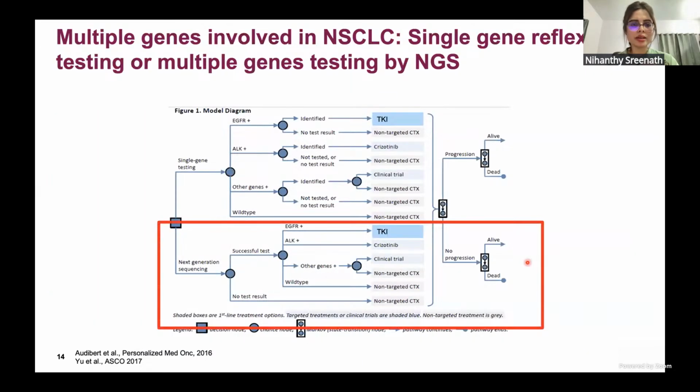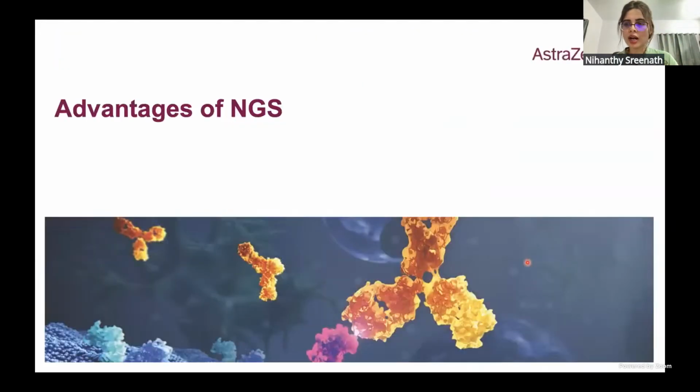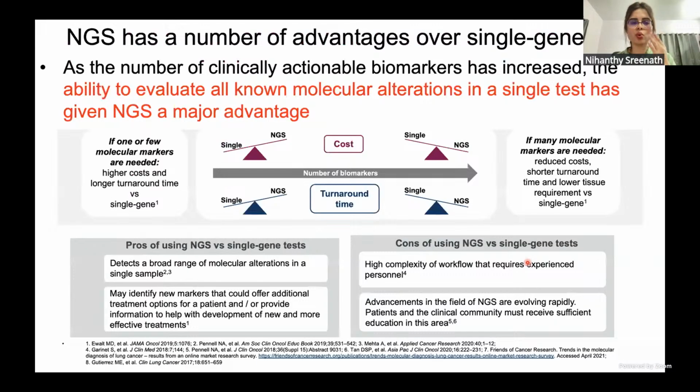Here's a schematic diagrammatic representation of what the various targets are when a patient has been successfully tested. Now coming to the advantages of next-gen sequencing. As we all know, lung cancer has a holistic tumor approach, and most commonly there are multiple driver mutations.